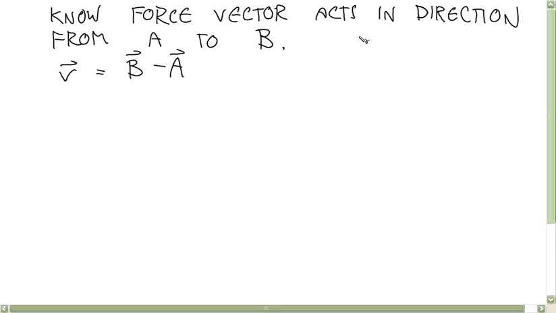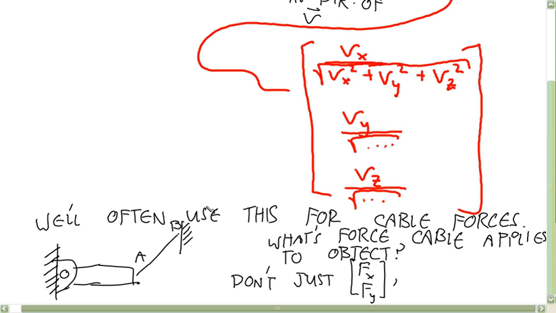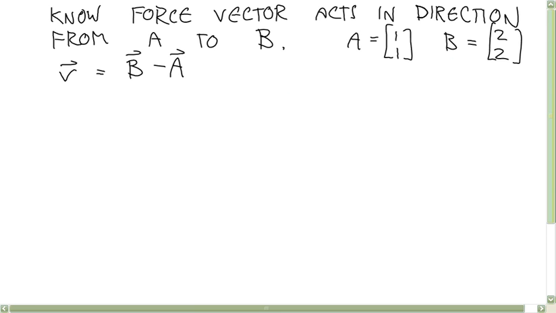And just to illustrate what I'm talking about, let's define A equal to 1, 1, and B equal to, just so I can do it in my head, 2, 2. Okay? Notice that makes sense with the picture, right? So this vector V is B minus A, so 2, 2 minus 1, 1 is equal to 1, 1.